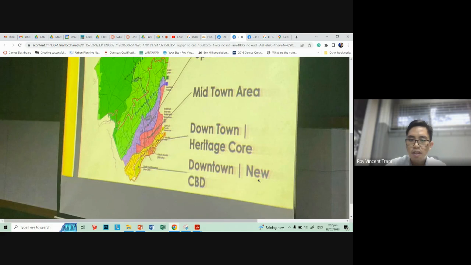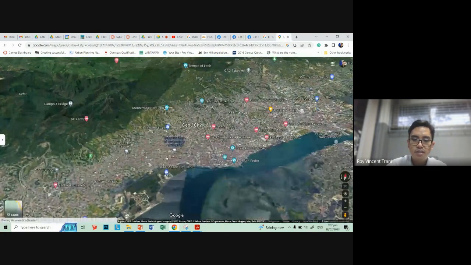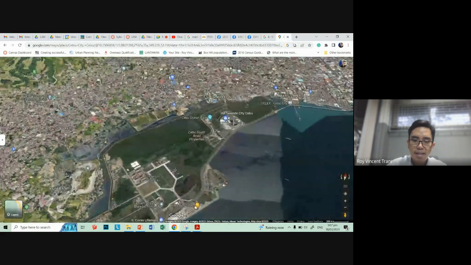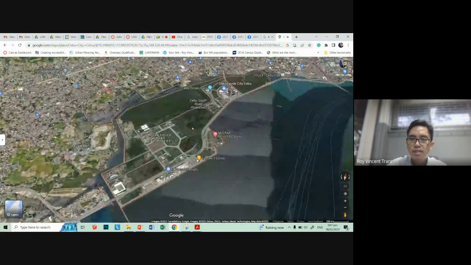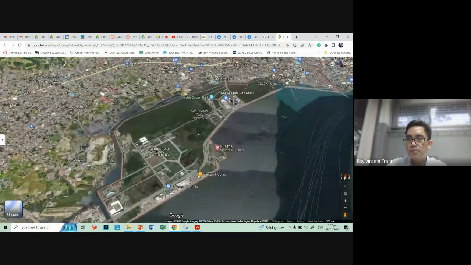So we have developments in downtown. There are two. The new CBD with the South Road Reclamation, or the SRP, South Reclamation Project, which I will show you like this. It's basically reclaimed land, and it's still very empty at the moment, reinforcing that idea that businesses really don't like to transfer.